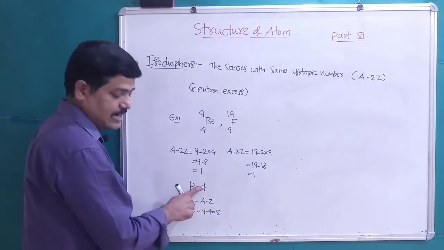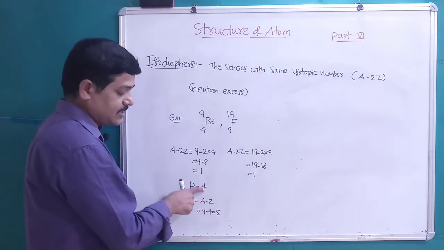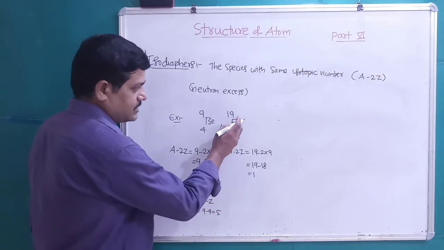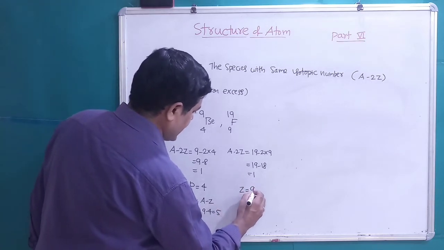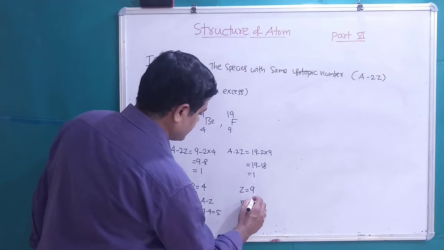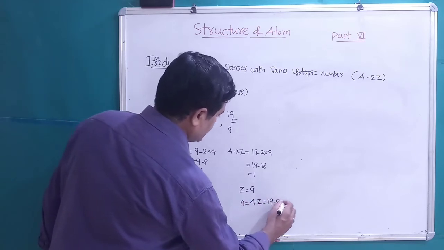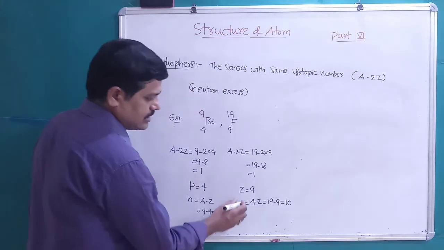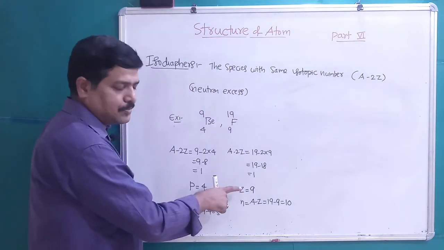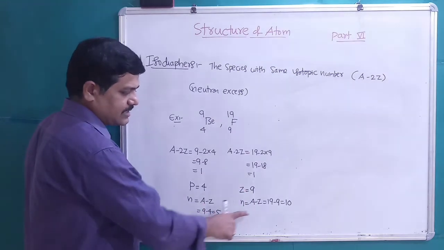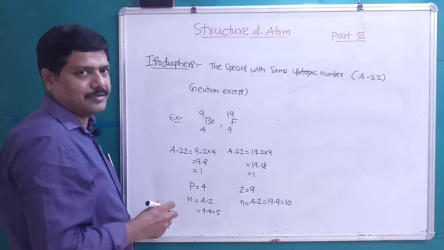Proton number is 4, neutron number is 5, excess neutron is 1. In the case of fluorine, Z is 9, and the number of neutrons is A - Z, 19 - 9, which is 10. Here also the number of neutrons is 1 more than the number of protons. The neutron excess is the same. That's why these are called isodiaphers.